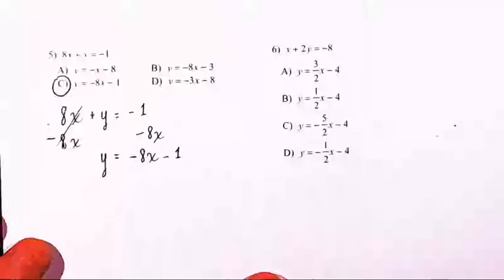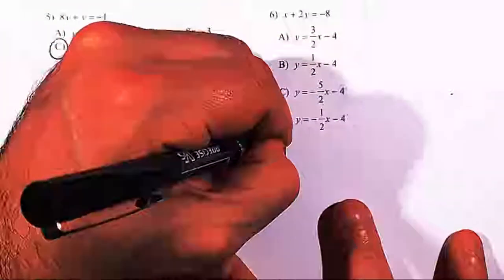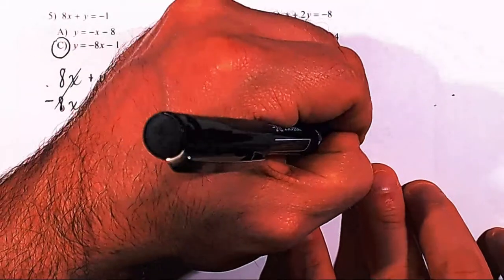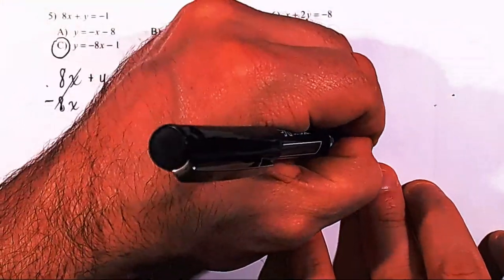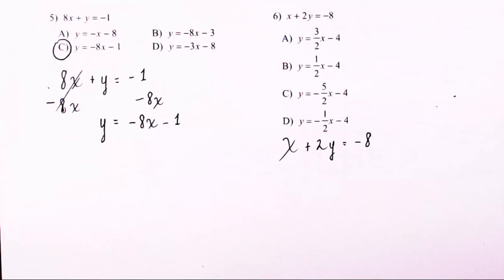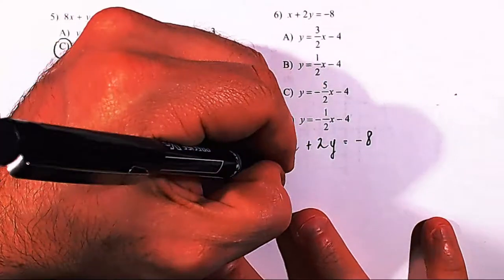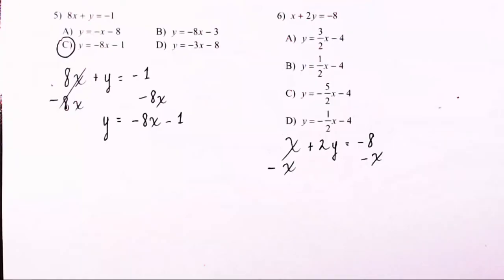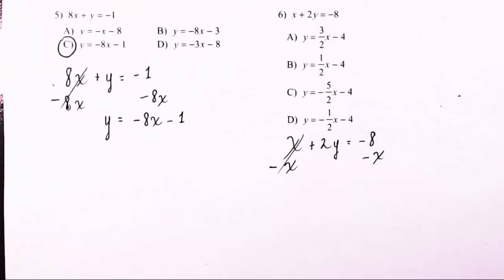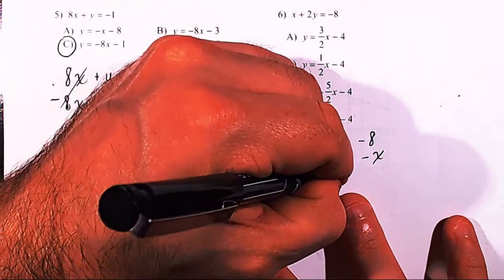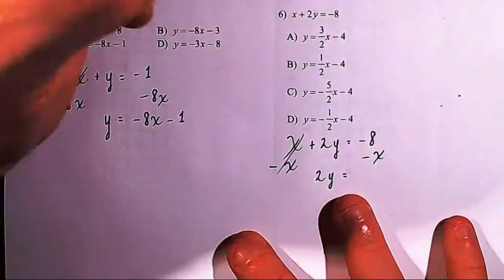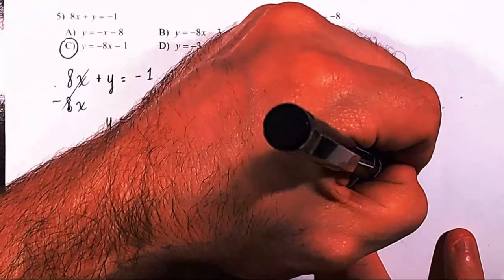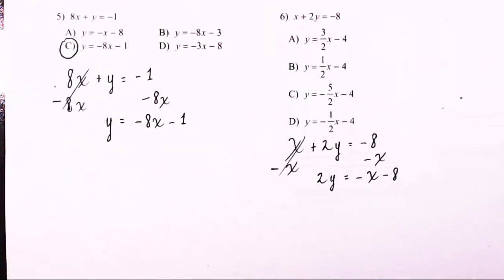For number 6, I have x plus 2y equals negative 8. So I'll subtract x from both sides. On the left, they'll cancel, and I have 2y equals negative x minus 8.